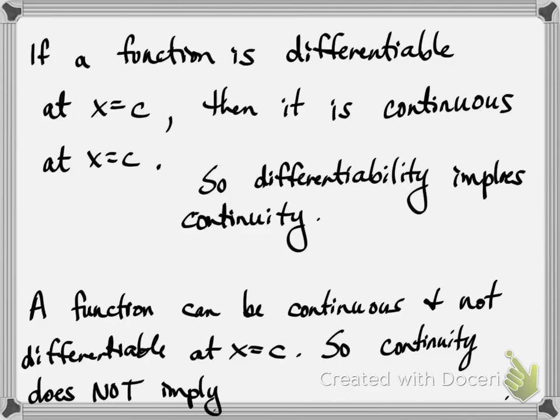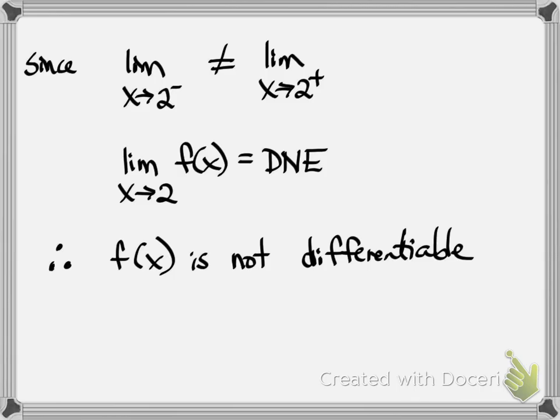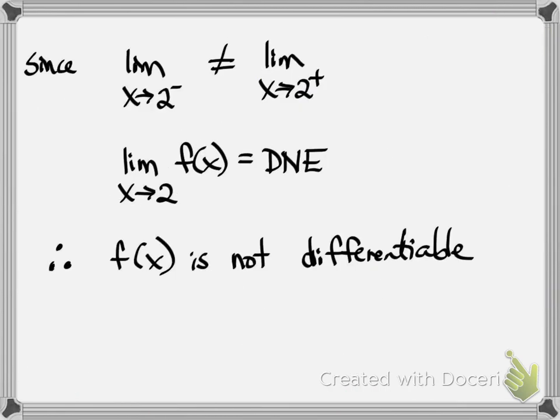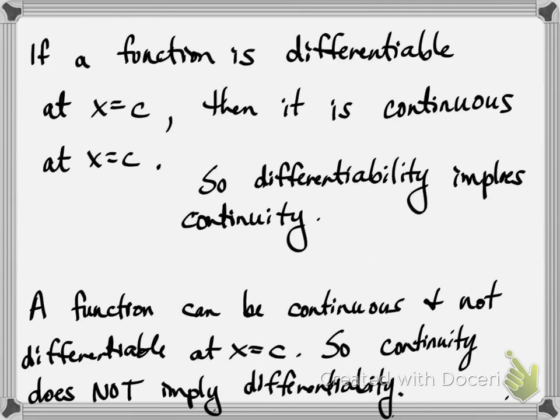It's not a vice versa situation. Just think about the sharp turn, the absolute value. It's continuous, but we learned we can't take the derivative at that sharp turn point. So just because it's continuous doesn't mean I can take its derivative. But if I can take its derivative, then I know it was continuous.